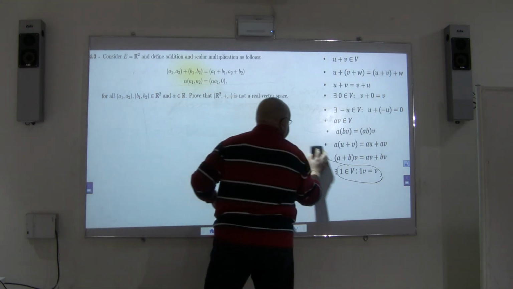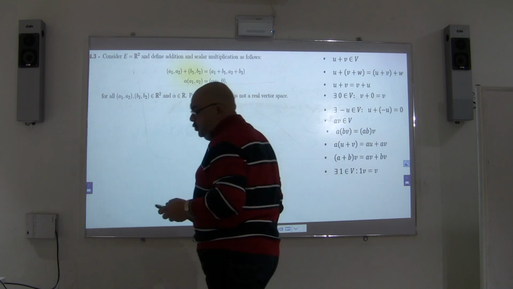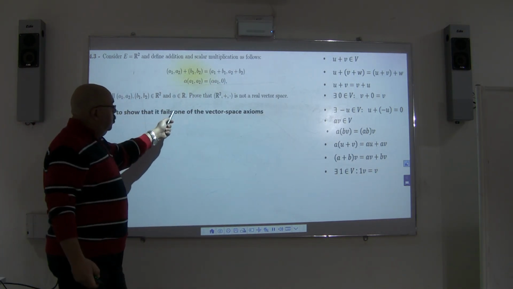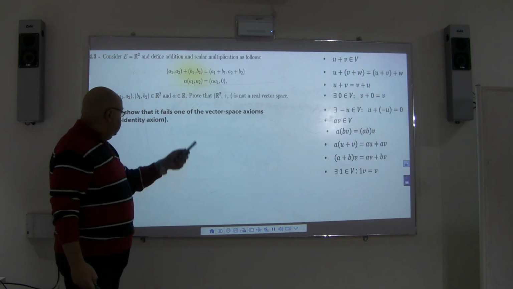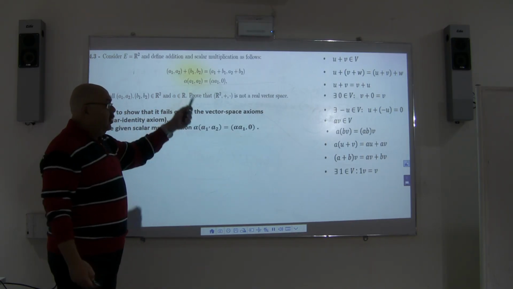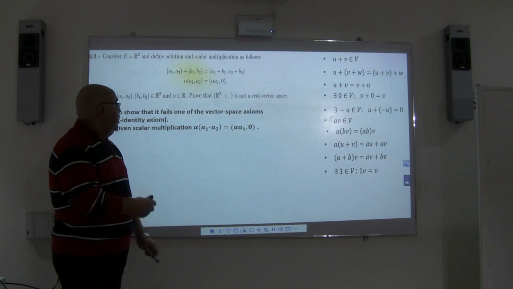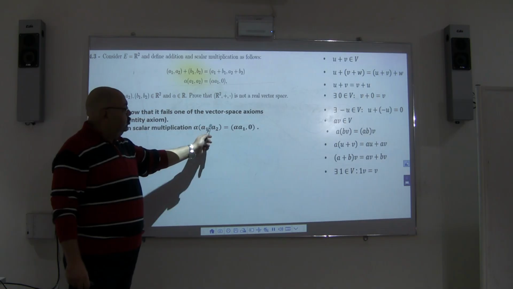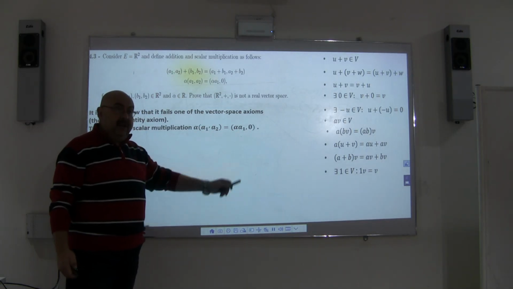I've already written it for you, so it is easy to show that it fails one of the vector space axioms, as you saw, the scalar identity axiom. All the rest of the axioms are okay, and this is very, very interesting. If you multiply alpha by A1 and A2, the result is going to be alpha A1 and 0.